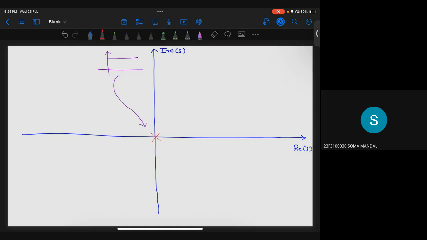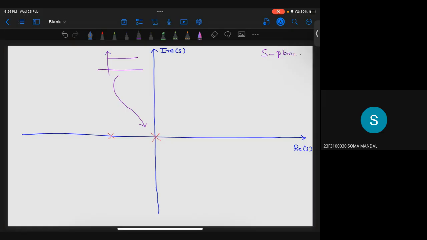Now let us say I have a pole here. Now tell me. So you clearly know that we call this the S plane.